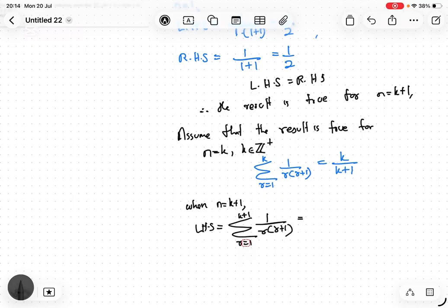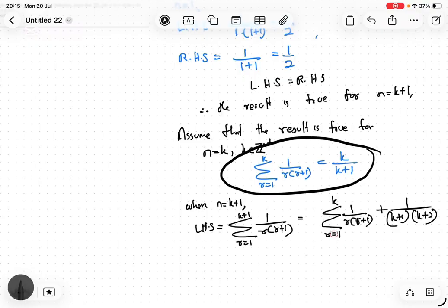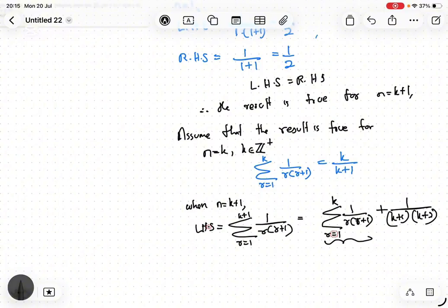We can write this as sigma r equals 1 to k, adding the terms up to k, and then we separately add the k plus 1th term. We can write like this: 1 over k plus 1, and k plus 1 plus 1 means k plus 2. Because we need to use this line, we know that by the assumption this part is equal to k over k plus 1, plus 1 over k plus 1 into k plus 2.